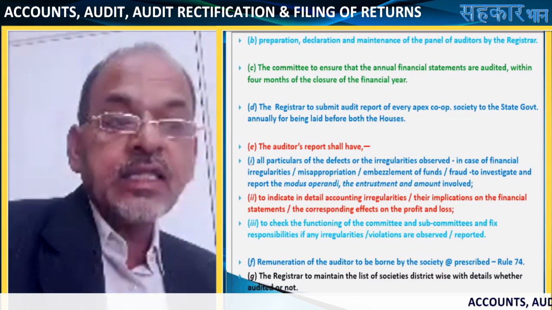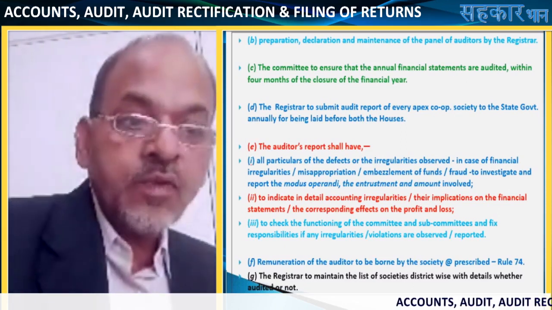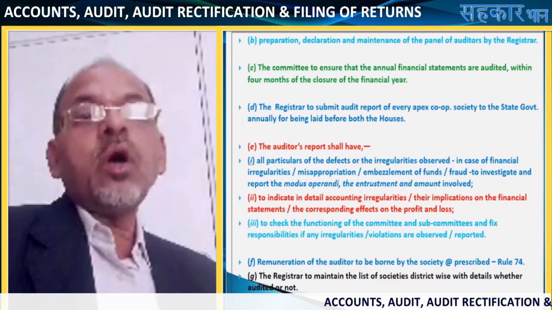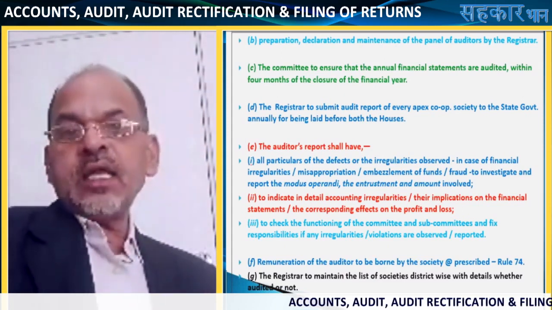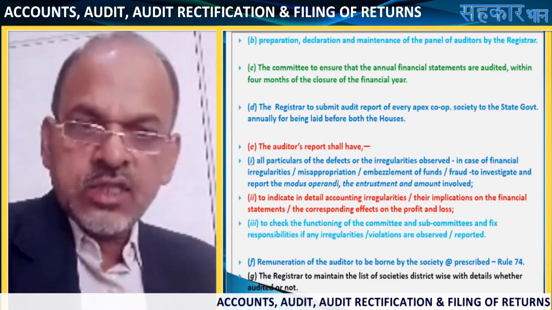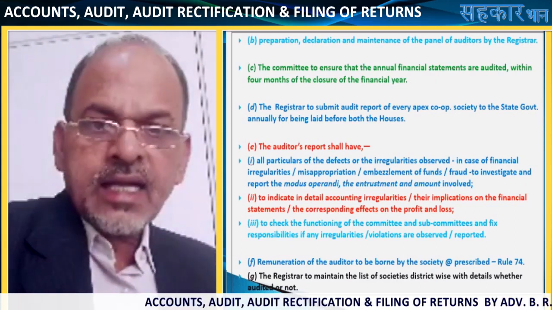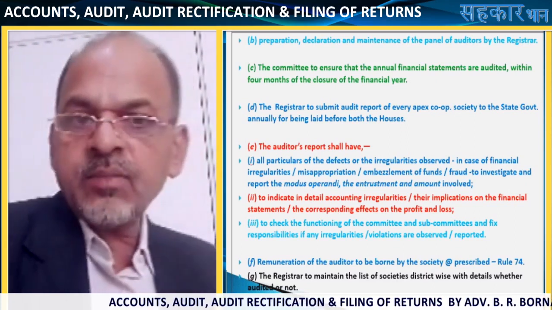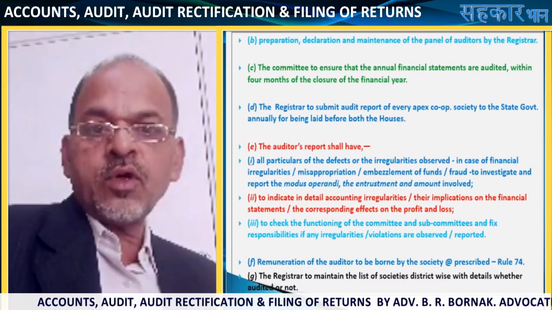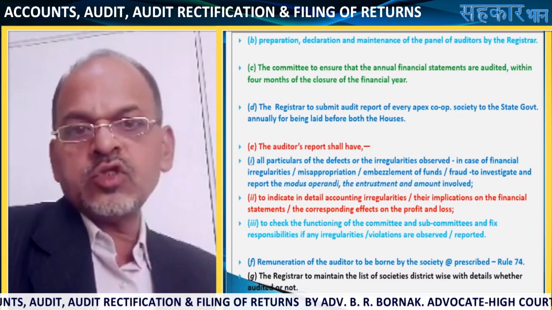So in rule 74 there is a provision for remuneration of the statutory auditor, and the remuneration is to be fixed in the annual general body meeting only, in which the auditor is being appointed, and that should be at the rate prescribed by the registrar or by the government as per the provisions of rule 74, means the society can pay the statutory auditor not less than the prescribed rate as his remuneration. Once rates are fixed, society can pay more but not less than that.